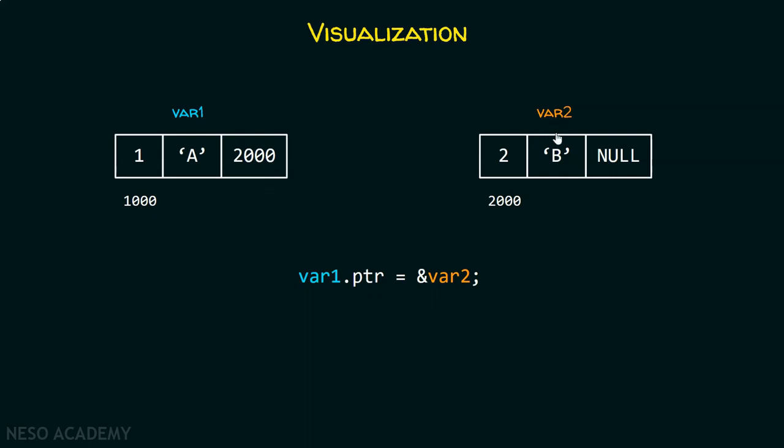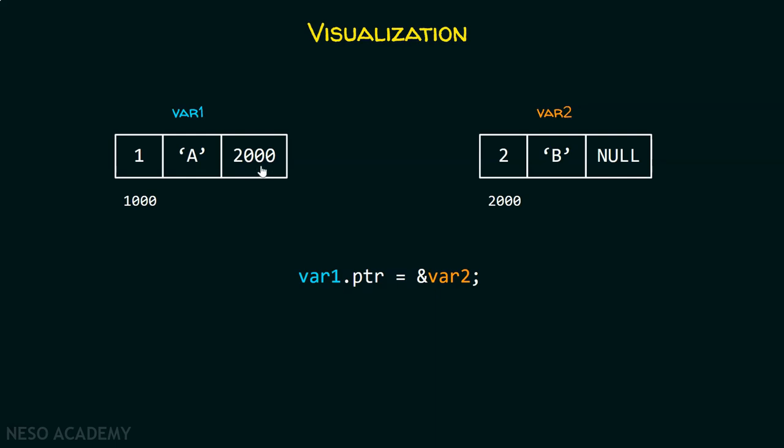We know the base address of var2 is 2000, so it will contain this address 2000 here. var1.ptr equals &var2 means that I am asking for the address of var2 and storing this address in var1.ptr. That's why I have stored this address over here.